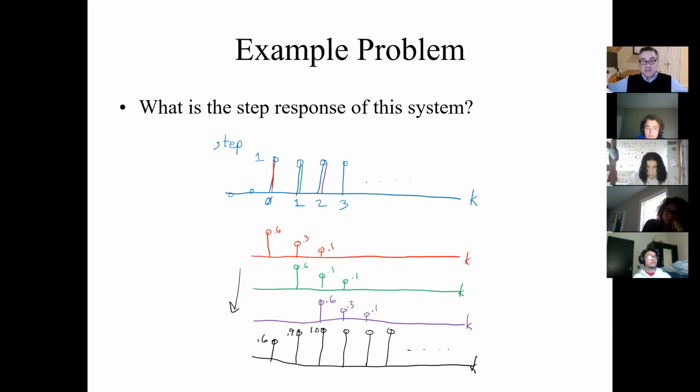But you could extend this idea to any input function, right? Because then the only difference really would be that we would have to scale each one of these elements by the amplitude of that input delta function. So if this wasn't a unit step, but let's say the first one was scaled to 2 and the second one was scaled to 1/2.